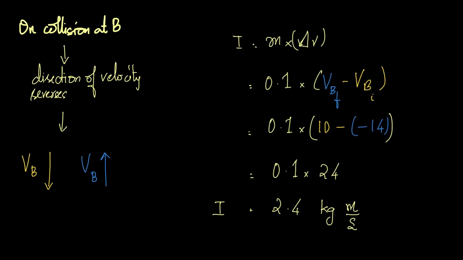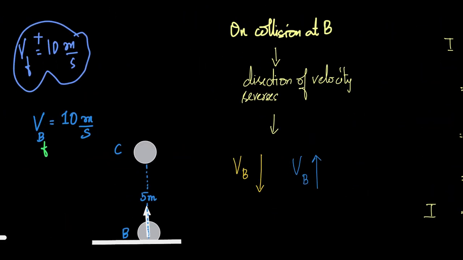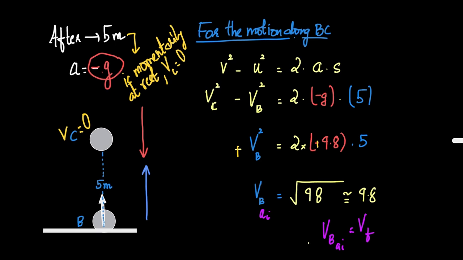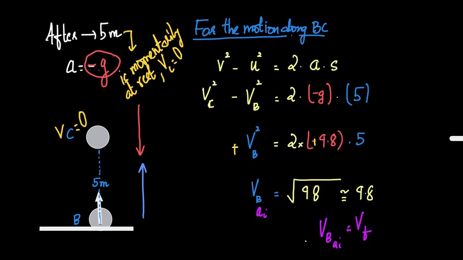Now, once we have this, what is the formula for impact? Mass into change in velocity, which is final velocity minus initial velocity. Final velocity is velocity at B after impact, and initial is velocity at B before impact: 10 minus 14. Well, this actually should not be rounded as 10, given that we are solving for JEE Mains, and at times the accuracy has to be up to one decimal point or maybe one significant figure.